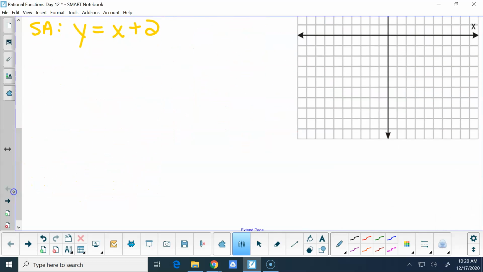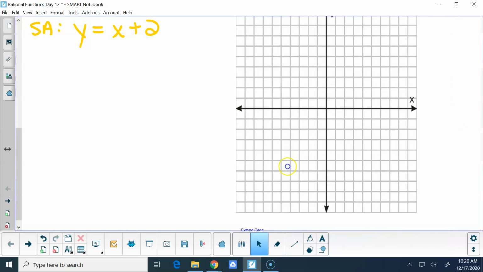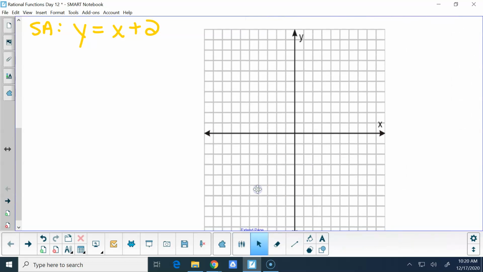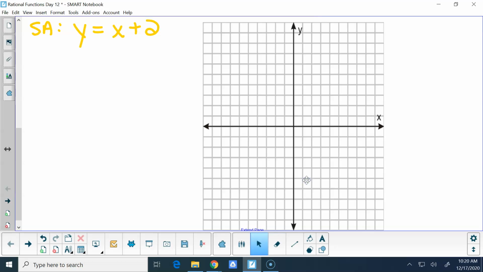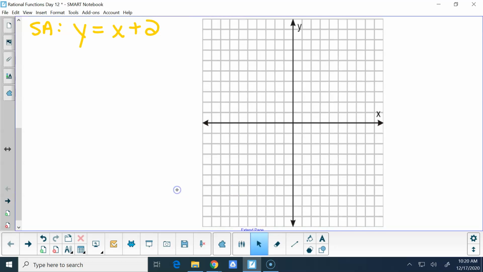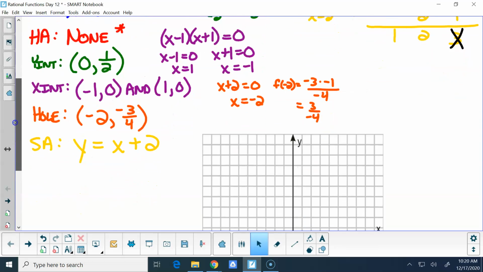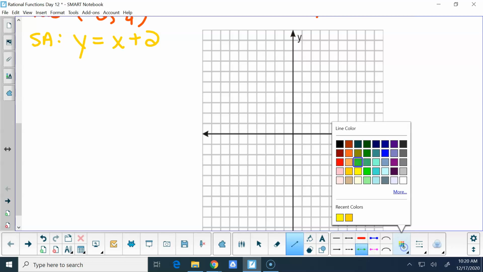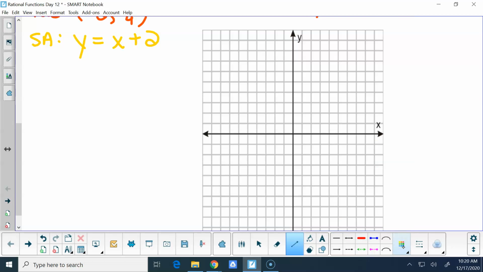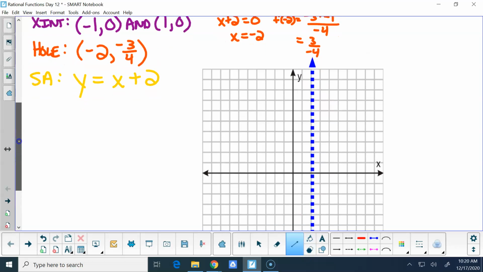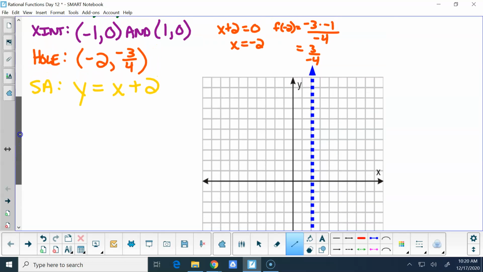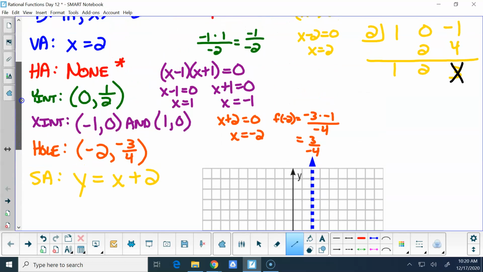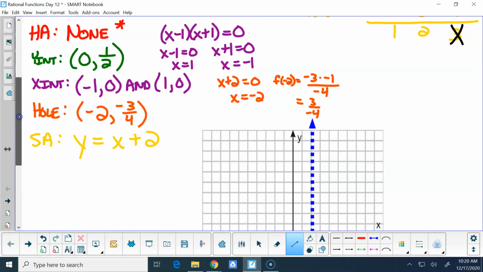Let's go to the graph. All right, so we had a vertical asymptote at x equals 2. X equals 2. Love it. We didn't have a horizontal asymptote. We had a y-intercept of 1/2.